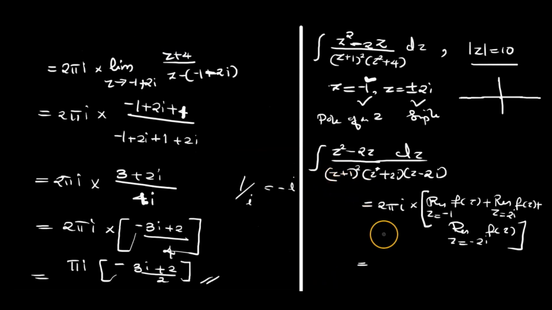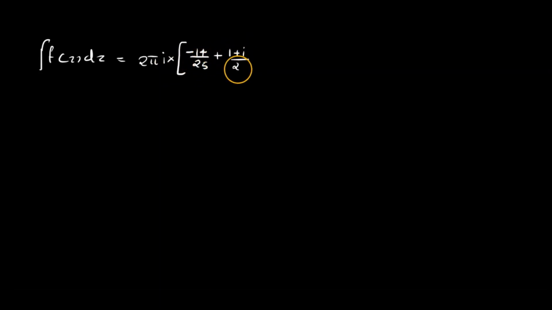So the integral is 2 pi i into the sum of these residues. We get the integral of f of z dz equal to 2 pi i into those residues. First we get minus 14 by 25, plus (1 plus i) by 25, and last we get (minus i plus 7) by 25.